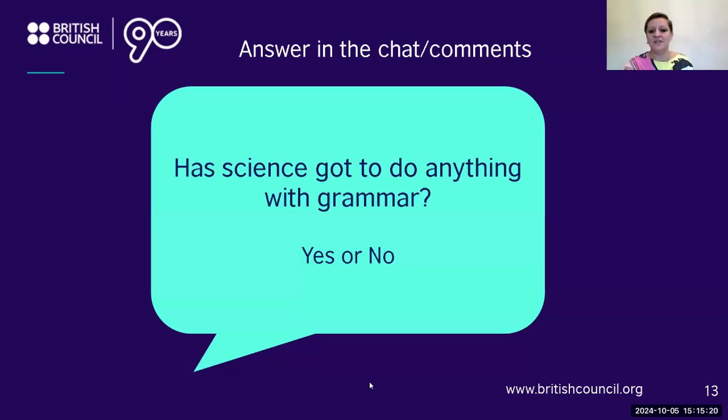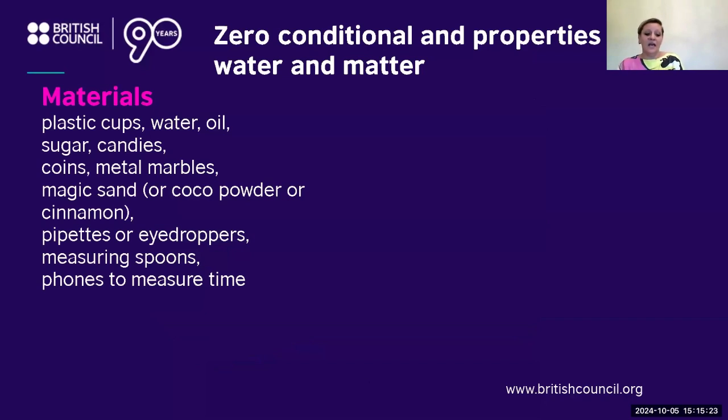You see, I was teaching zero conditional by practicing science with my 10 to 11 year old students. As you can see, again, materials were very simple. Plastic cups, water, oil, sugar or candies, coins, metal marbles, magic sand, which can be replaced by cocoa powder or cinnamon, some eyedroppers, measuring spoons, and phones to measure the time.